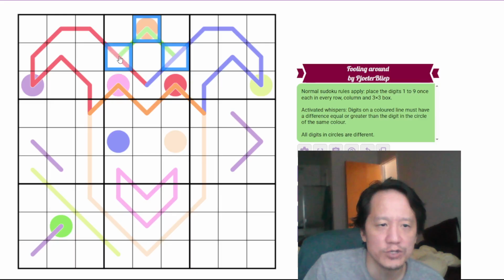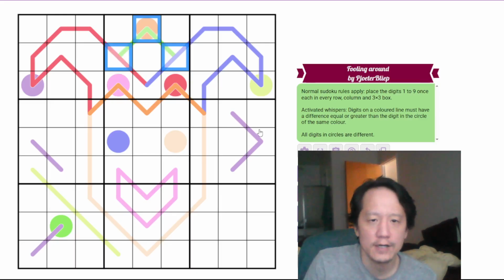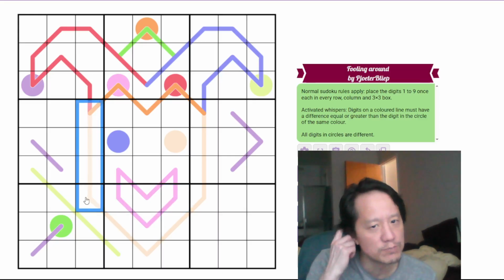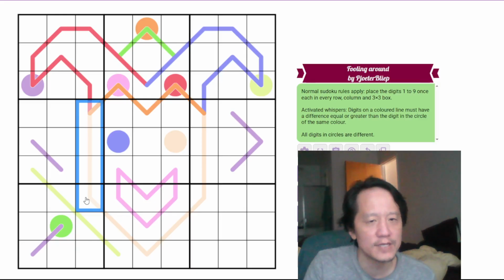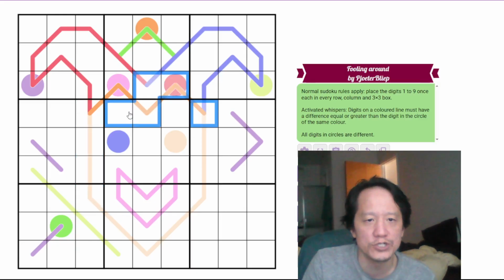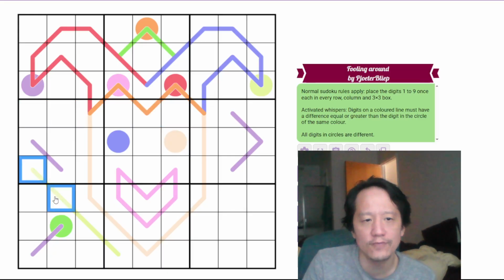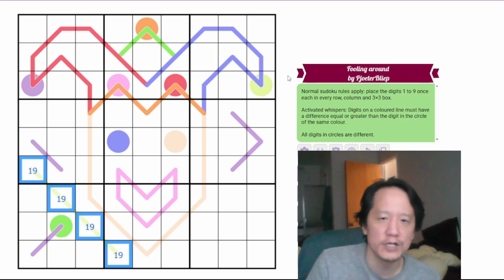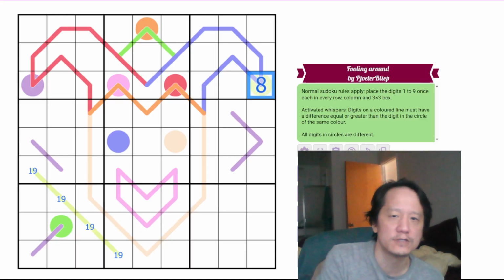Green has 3 digits, so it can't just be 1 and 9. Lavender has 3 digits at least. Pink also, this peach or tan color does not. Orange does not, because we have 3 digits in row 4. So it does have to be the light green. So this is 1 and 9, and this must be an 8.